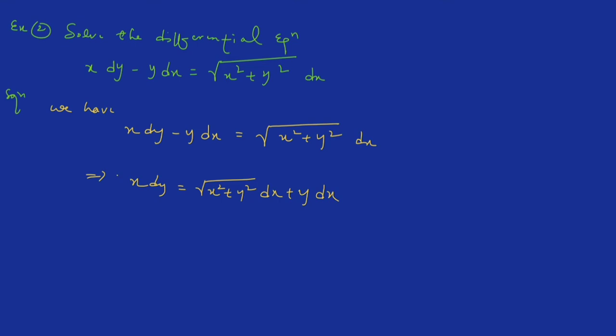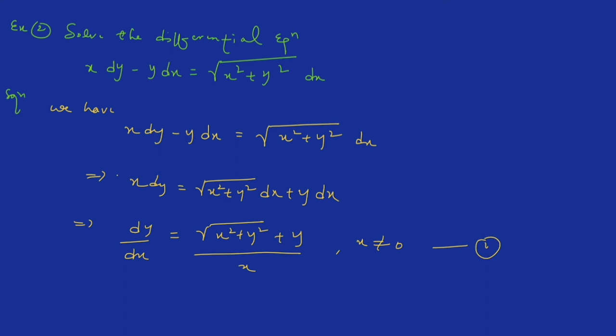If we take dx common here, then we can write it as dy by dx equals square root of x square plus y square plus y, whole divided by x, where x is not equal to 0. Take it as equation 1.